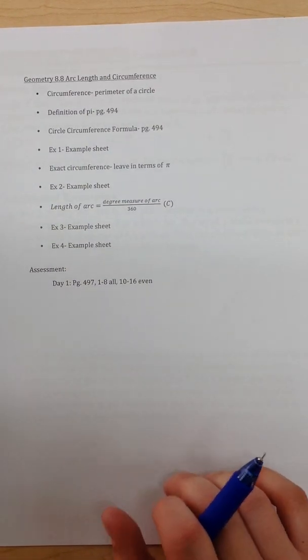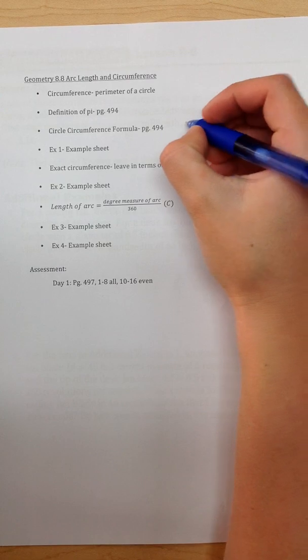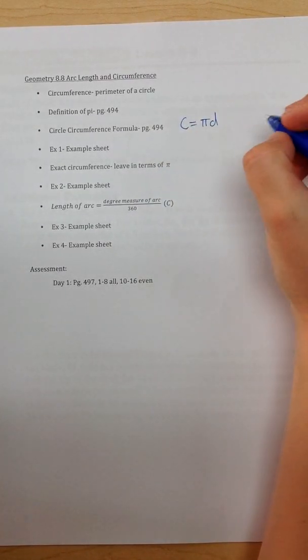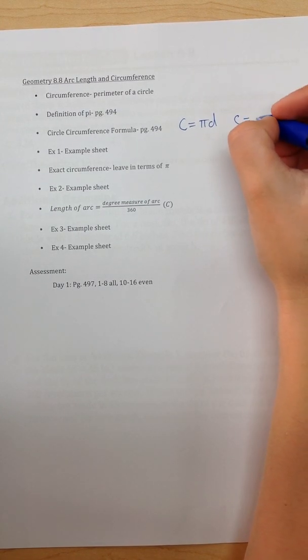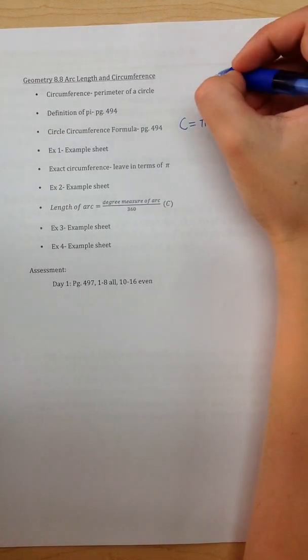Okay, next thing, circle circumference formula. So the circumference formula is going to be either circumference is equal to pi d, where d stands for the diameter, or also circumference is equal to 2 pi r, where r is the radius.